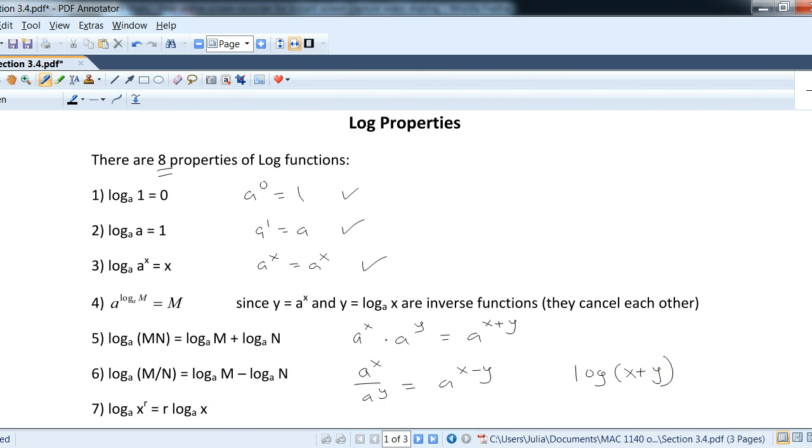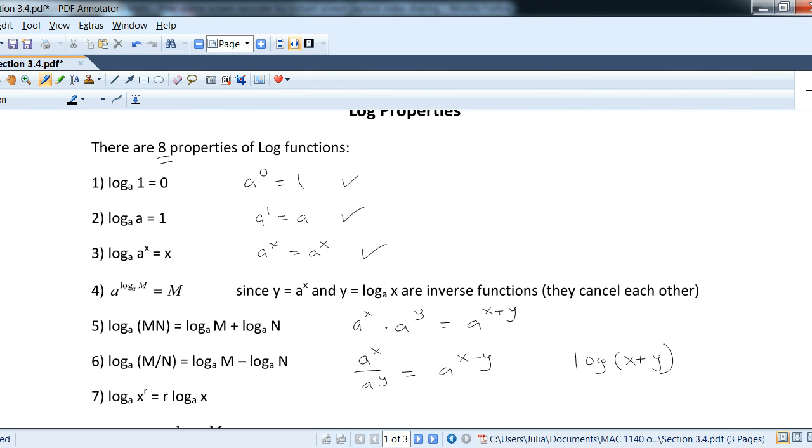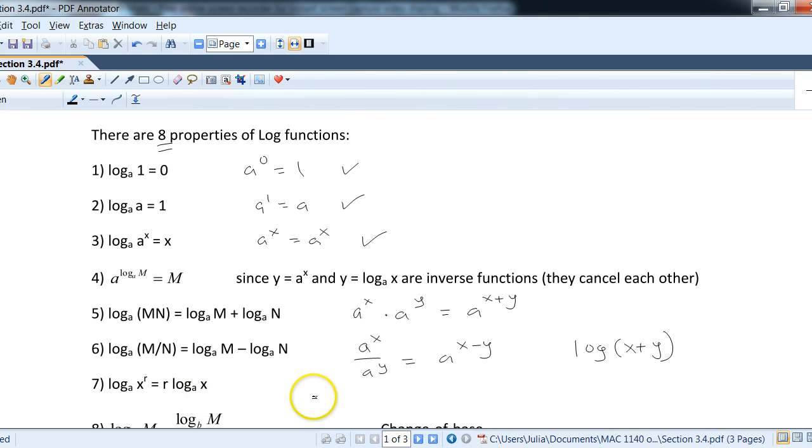And again, we have a similar exponent property, which is an exponent raised to another exponent is the same as the product of the exponents. So if the log and this r are both exponents, this becomes a product right here of two values. Okay?